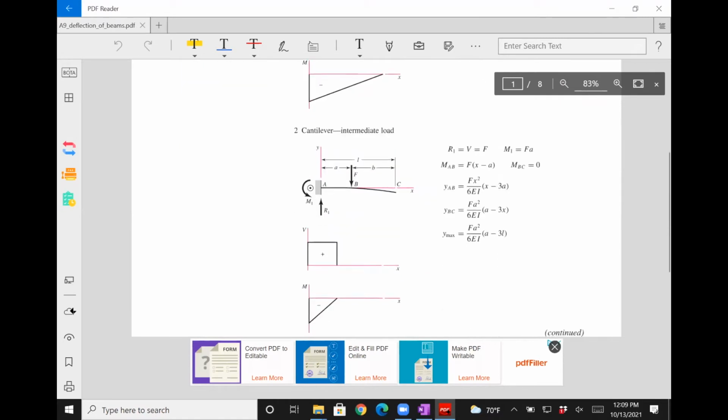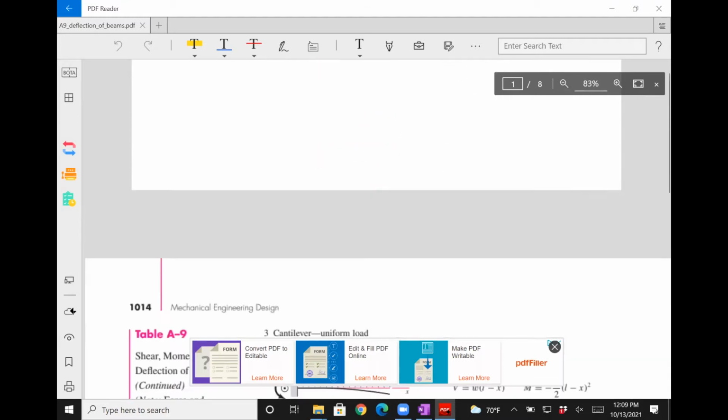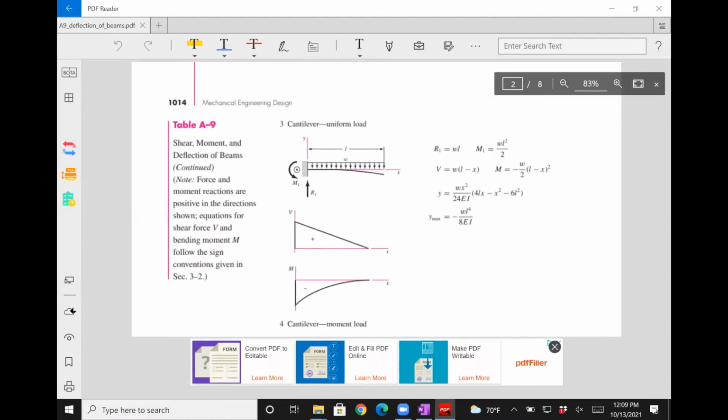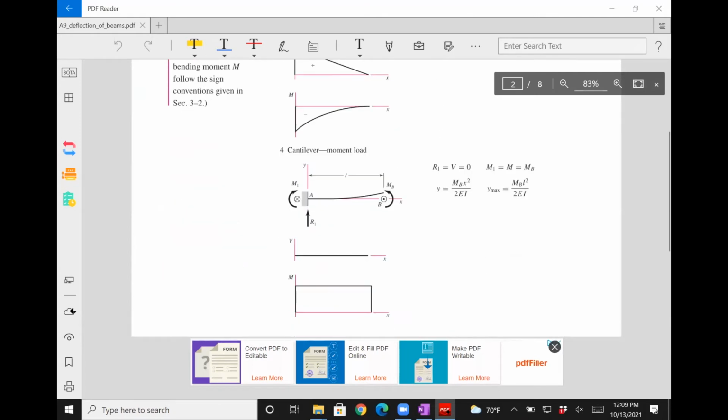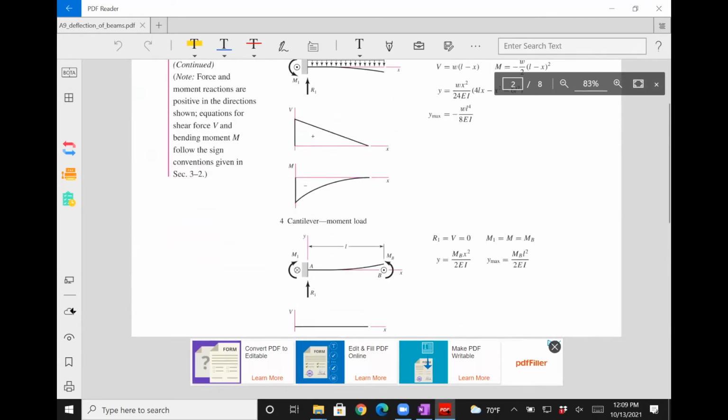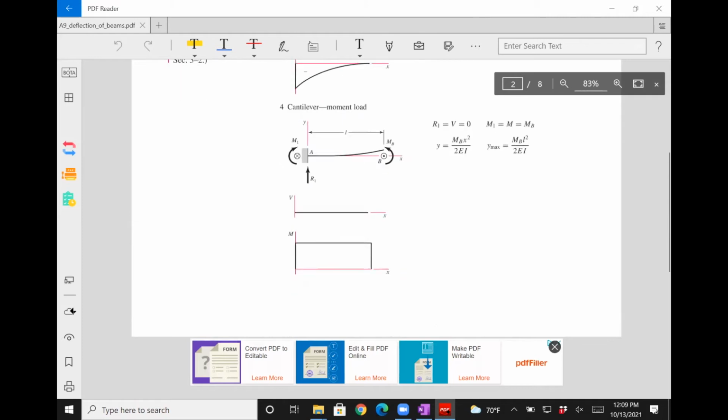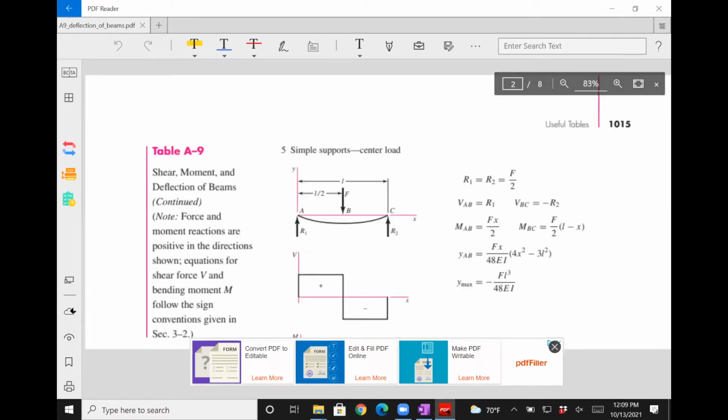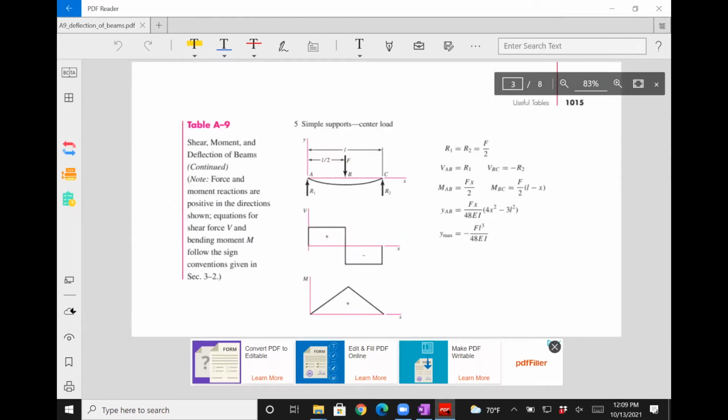And then this is another case where the force is not at the tip, but at the middle. You can keep going on. Cantilever subjected to uniform load. That's number 4, moment load. Now we come to simply supported beams where the force F is exactly midway.